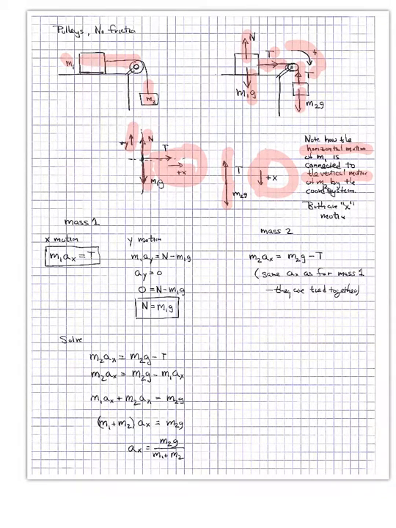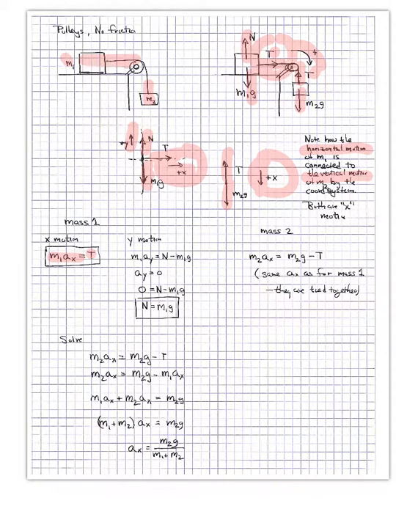Look, mass 1 in the x direction in my picture right here, the m1ax, the net force on mass 1 in the x direction, there's only one thing there, T. Right there, T. In the y direction, the net force in the y direction for mass 1, m1ay, is the normal force minus the weight.